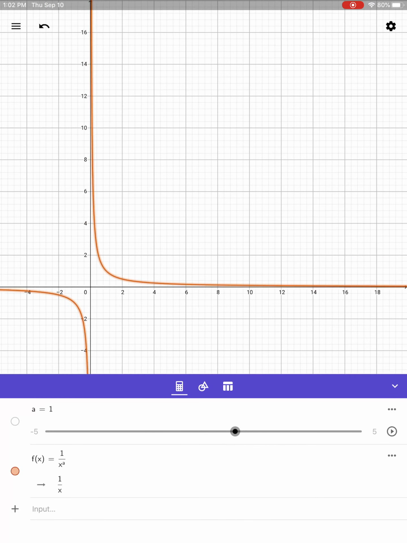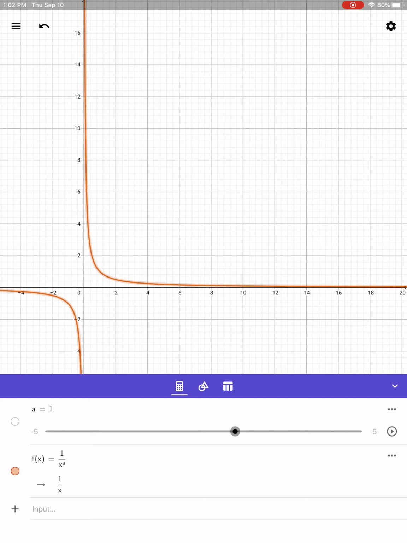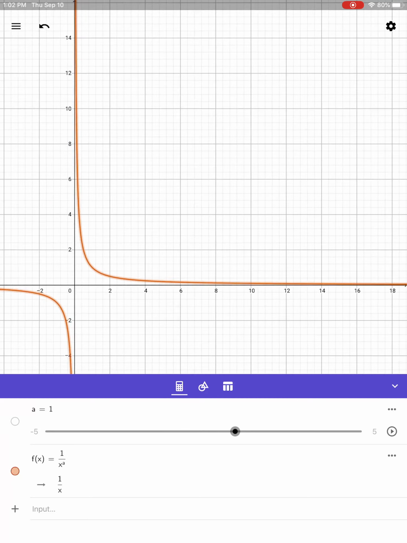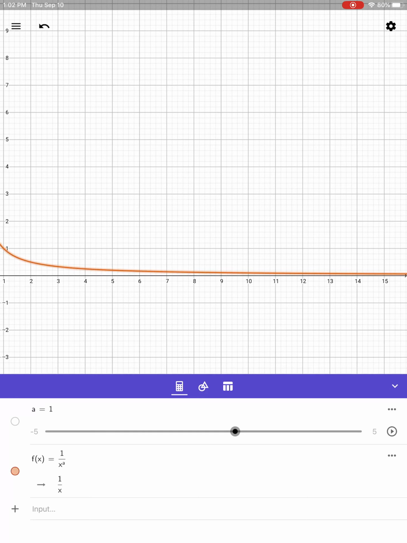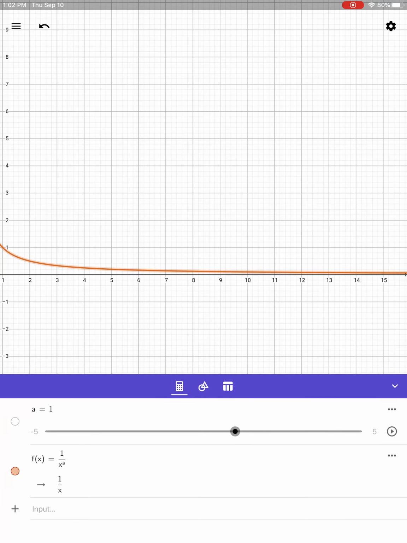Okay, let's think about this. The first one was talking about how we make it converge or diverge, and we wanted the denominator to have a positive exponent. In other words, we wanted it to be like 1 over x squared or 1 over x cubed. And that was when I was going from 1 to infinity, because you can imagine it keep going to the right.